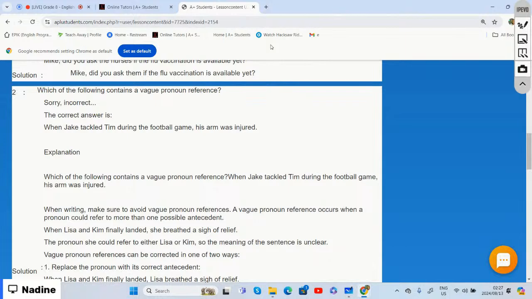So it says when Jake tackled Tim during the football game, his arm was injured. Now, Jake tackled Tim, but maybe Jake's arm got sore because of the tackling, or Tim's arm is maybe sore because of how rough Jake tackled him.